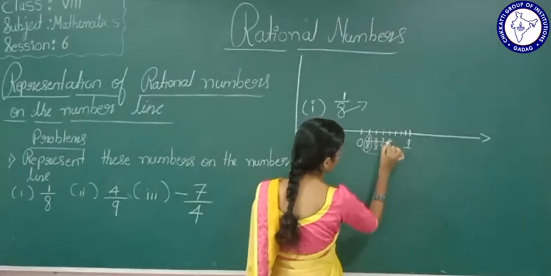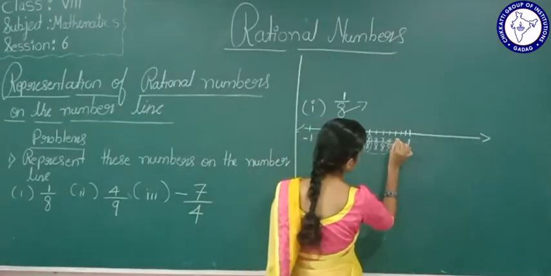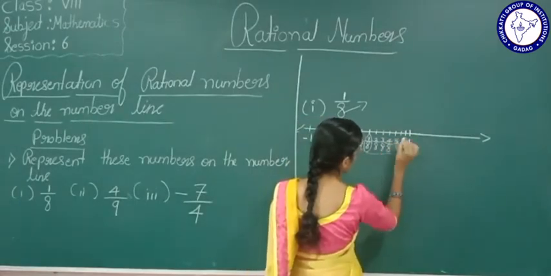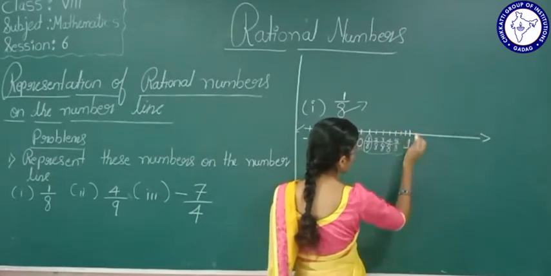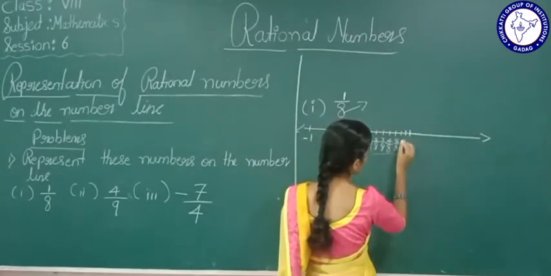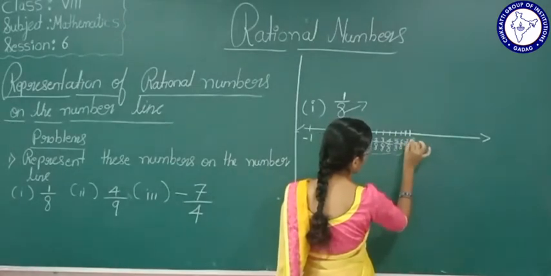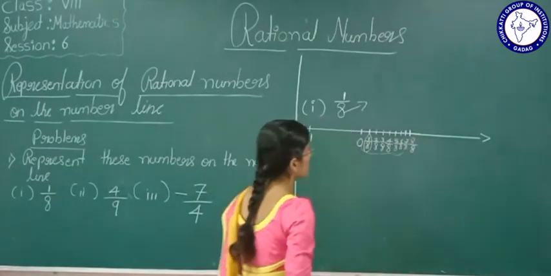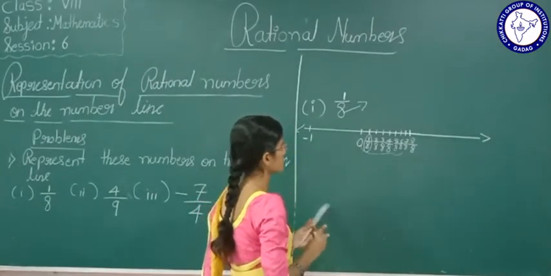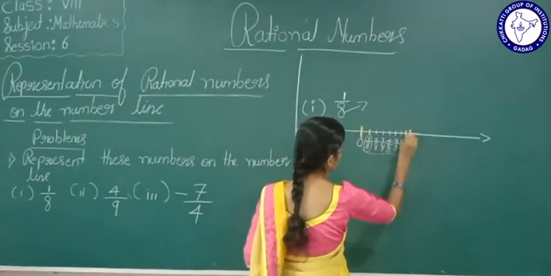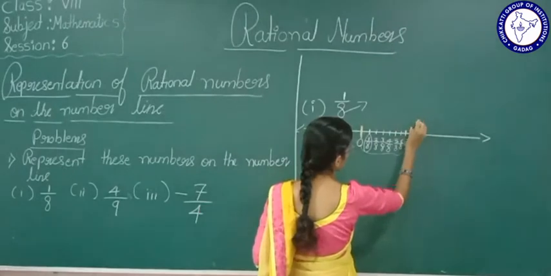This is 4 by 8. This is 5 by 8. 6 by 8. 7 by 8. 8 by 8 is 1. This is nothing but 1.